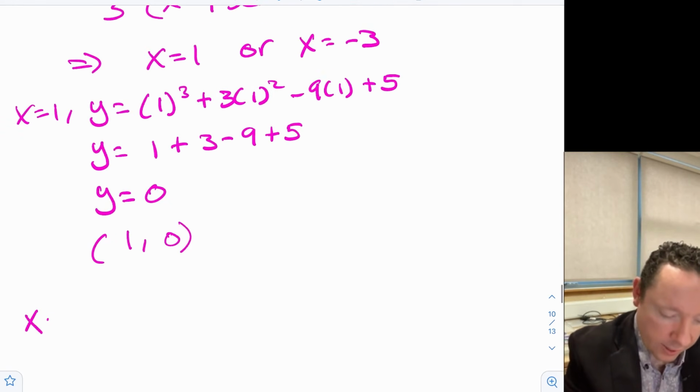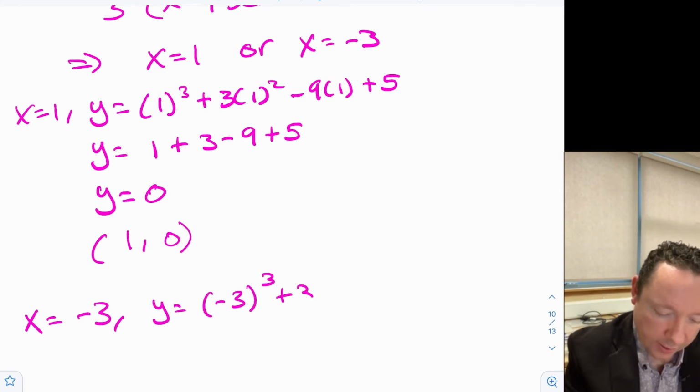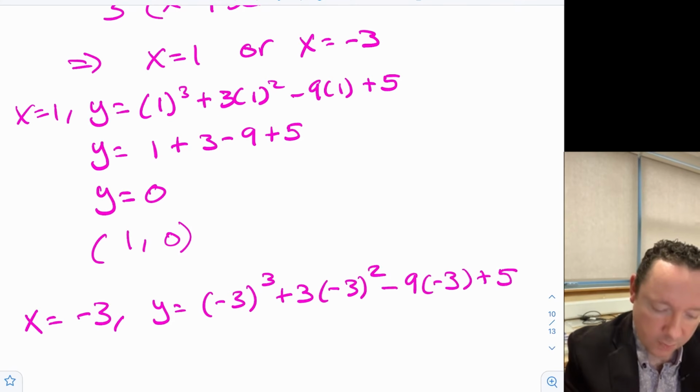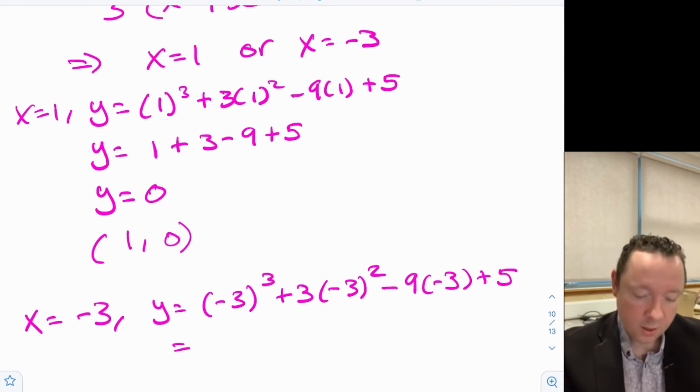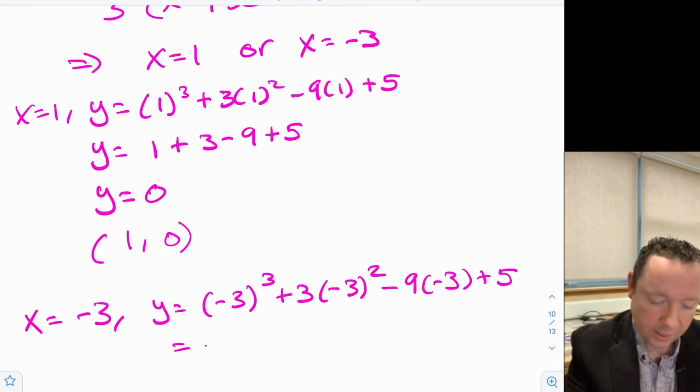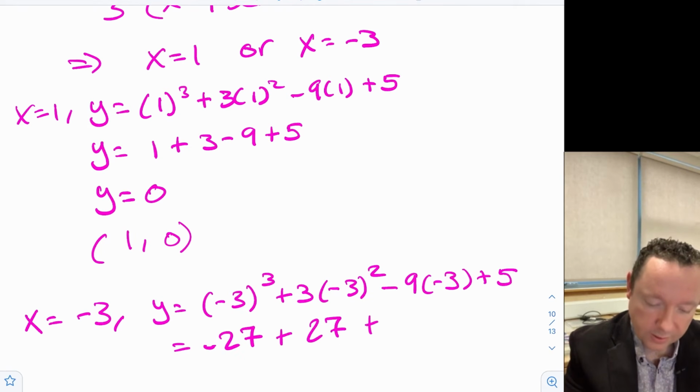When x equals minus 3, we can do the same thing. So y would be minus 3 cubed plus 3 times minus 3 squared minus 9 times minus 3 plus 5. So keeping your wits about you, because it is a non-calculator question. 3 cubed is 27, so you get minus 27. 3 squared is 9, times 3 is plus 27. 9 times 3 is 27, but it's plus because of a minus times a minus.